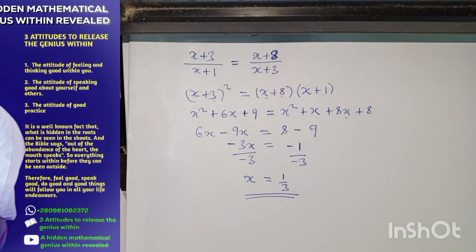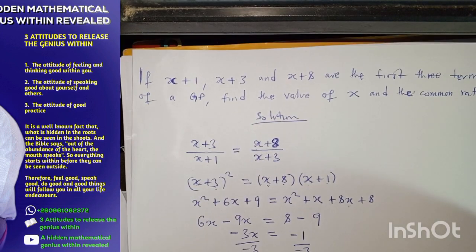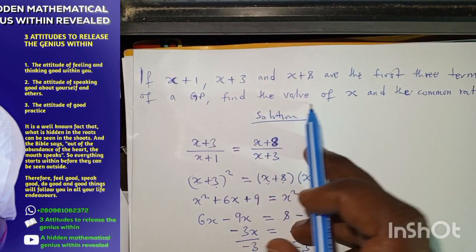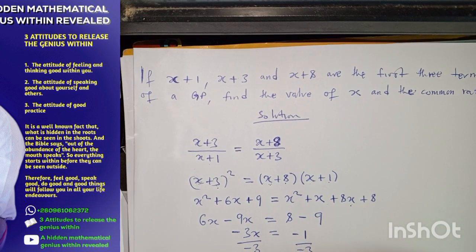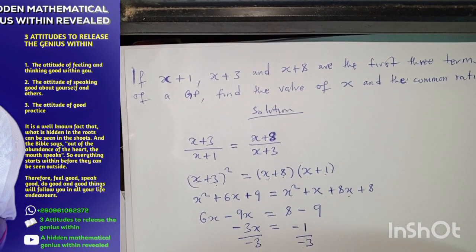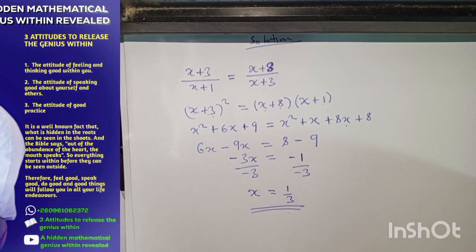So we have the value of x. The value of x is 1 over 3. Okay, and the question says you find the value of x and the common ratio.